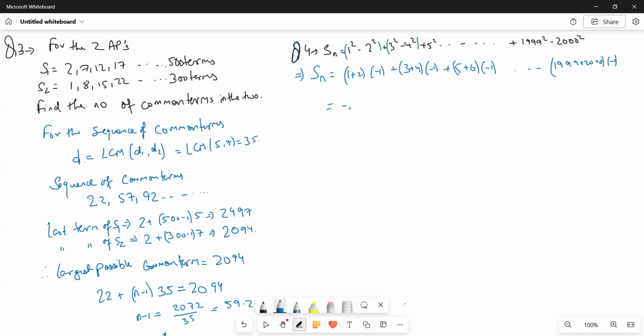Then we take minus 1 common from everything and this ends up becoming 1 plus 2 plus 3 plus 4 going up till 2000, which now is a very simple sum of the first 2000 natural numbers. So minus 1 into n into n plus 1 divided by 2 will come. Okay? So the simple answer for this would be minus of 2001000. Is everyone clear with this?